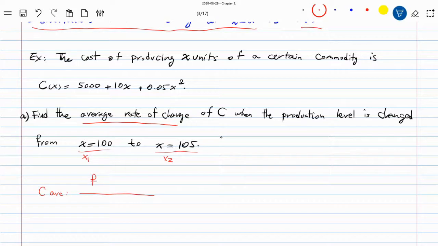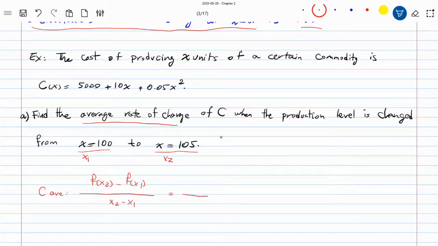It would be f of x2 minus f of x1 divided by x2 minus x1. You notice there is no limit, because these two numbers are not approaching each other. You have two x values, you want to find the corresponding y values, and find out the slope of that line connecting those 2 points.